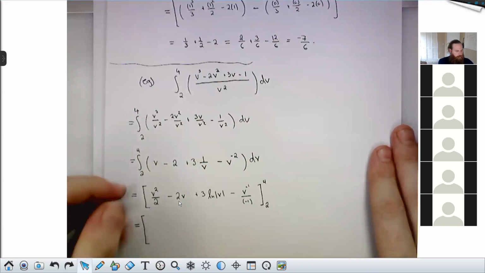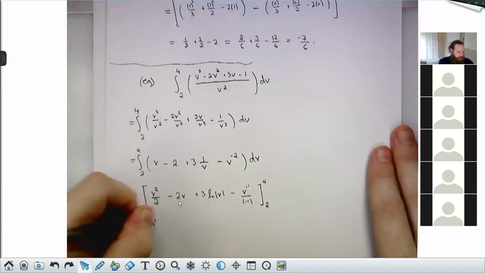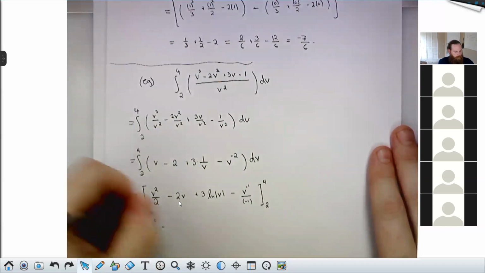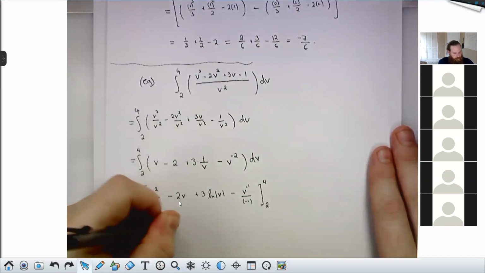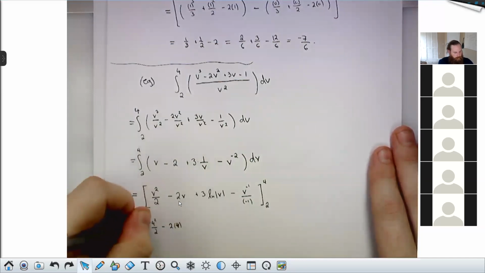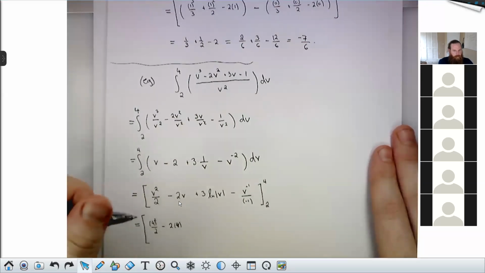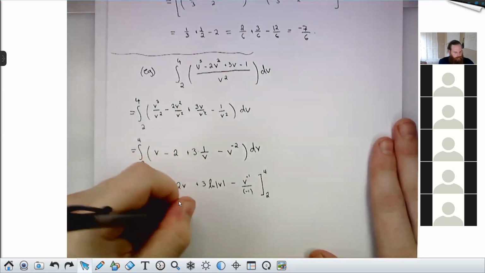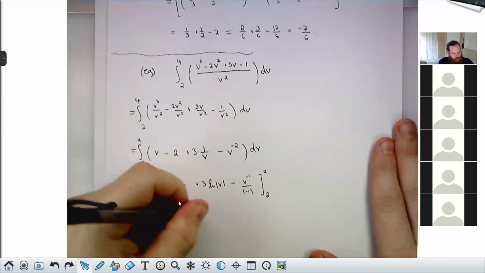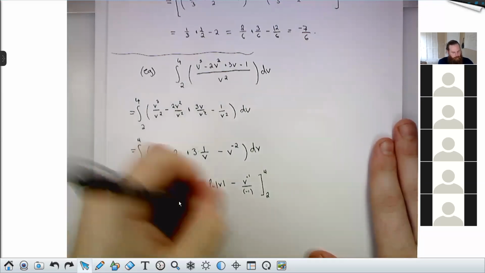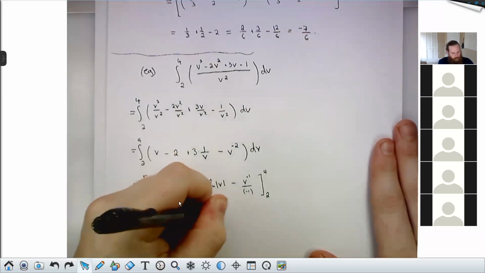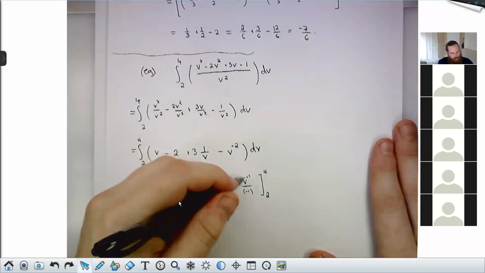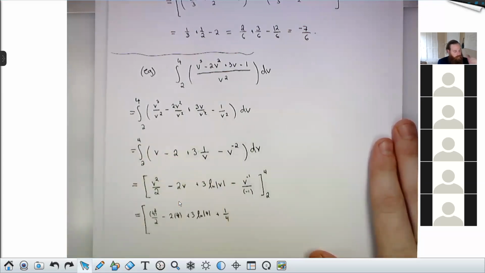When I plug in 4, I have 4 squared over 2 minus 2 times 4. I should put this in parens, really, if I'm being careful. Plus 3 times the natural log of the absolute value of 4. And then this is plus 1 over 4, v to the negative 1, and the minus minus makes a plus.